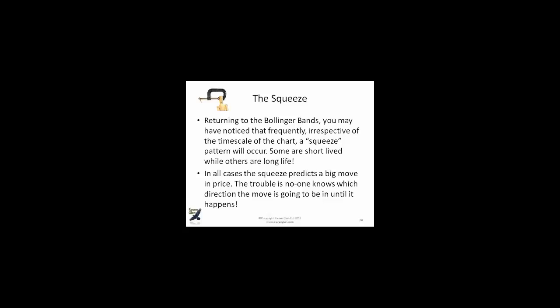Some are short-lived and others seem to last a lifetime. In all cases, however, a squeeze predicts a big move in price. Let me just repeat that. In all cases, that is, in every case that I've seen to date, a squeeze predicts a big move in price. The trouble is, no one, not even John Bollinger, who invented Bollinger Bands, knows which direction that move is going to be in until it happens.